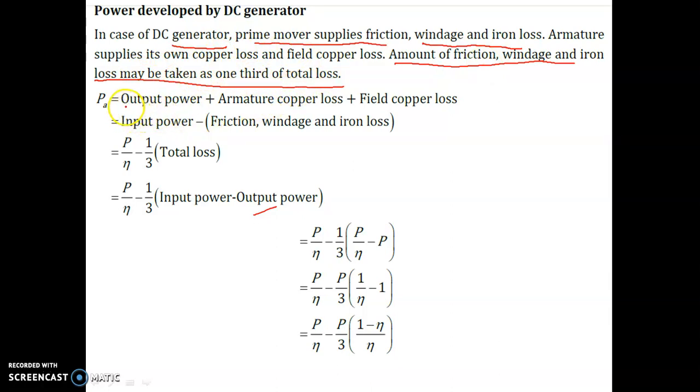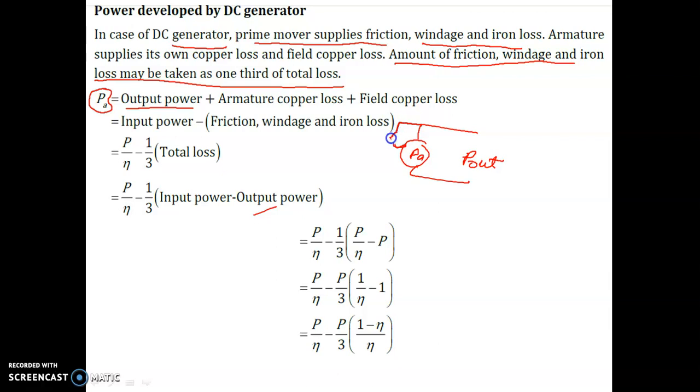So average power is output power plus armature copper loss plus field copper loss. So we can also write this equation: the armature power developed will be equal to the output power, P out, plus armature copper loss, plus field copper loss, since the field winding is also there.